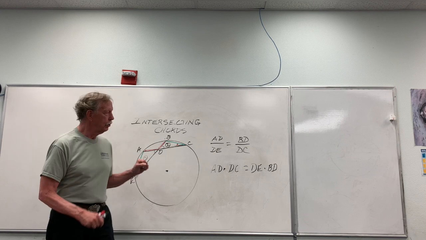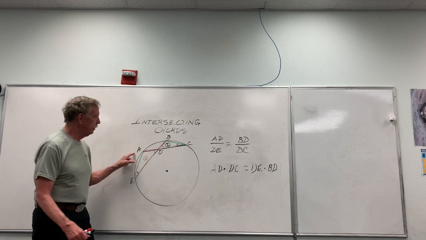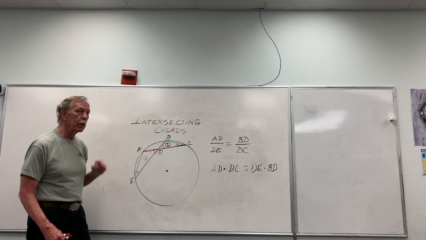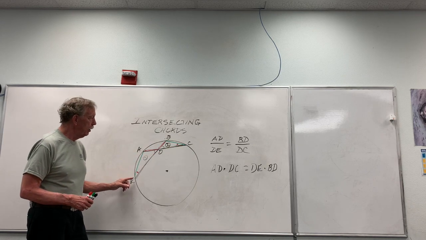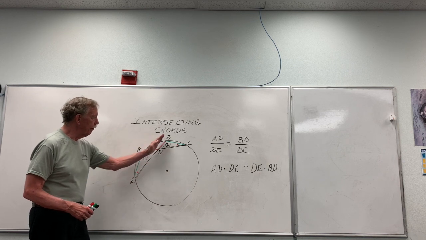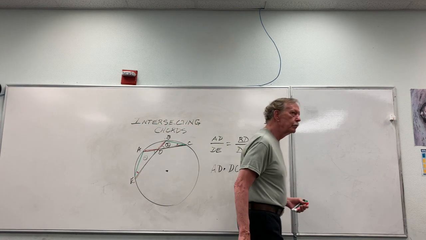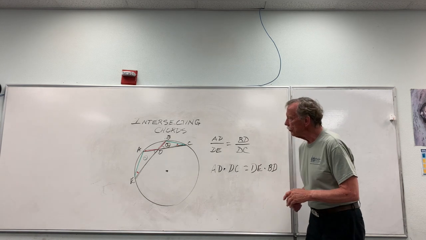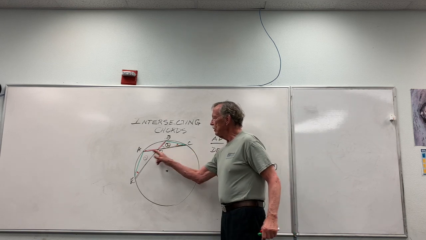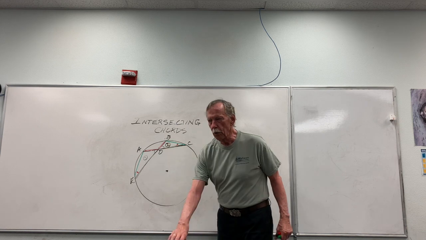That relationship shows that the product AD times DC, the product of the pieces of that chord, equals the product of DE and BD, the pieces of that chord. So the product of the pieces of one chord equals the product of the pieces of the other chord.